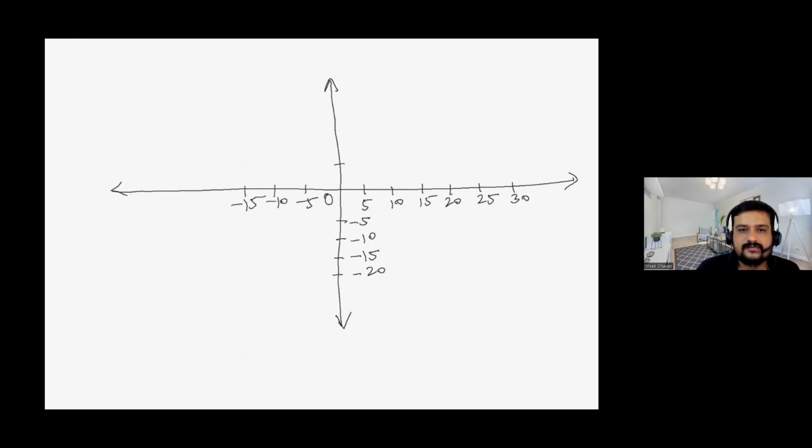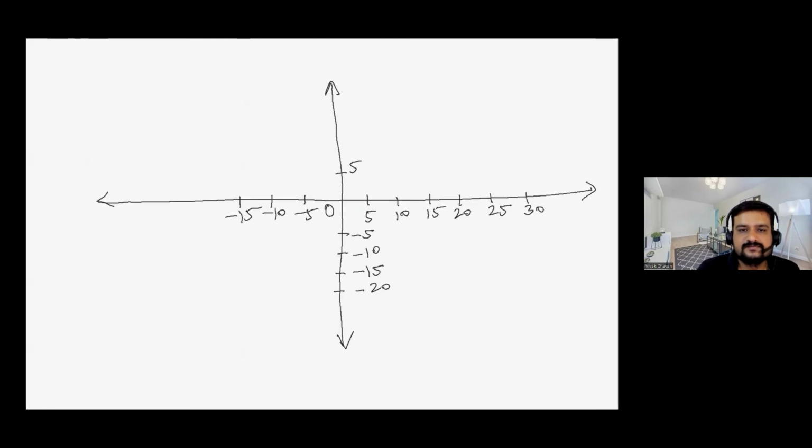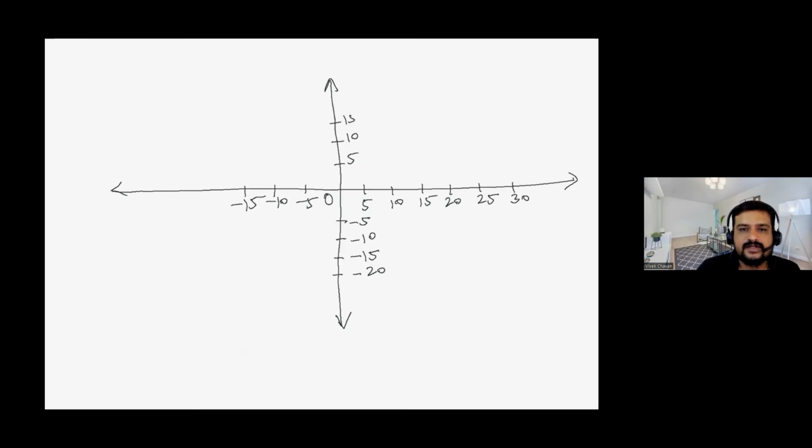And here plus 5, 10, 15. Yes, till 40 it is enough. So we'll take the scale of 5, 5. Is it okay?